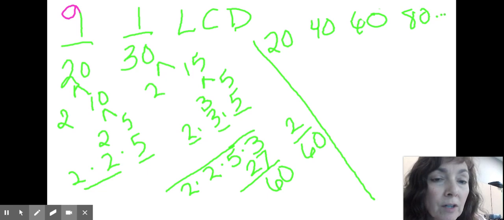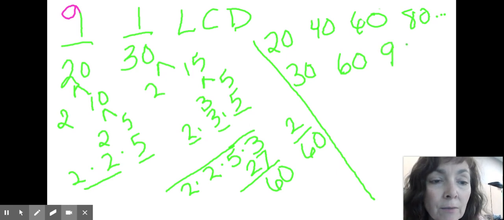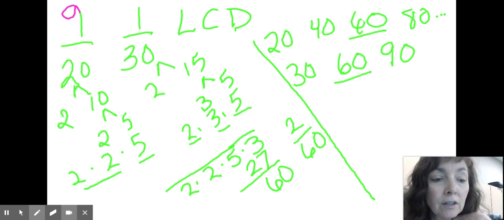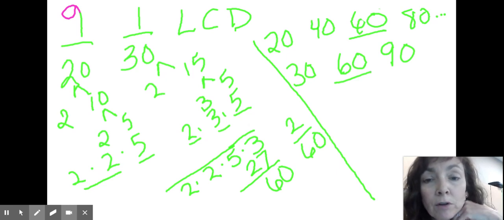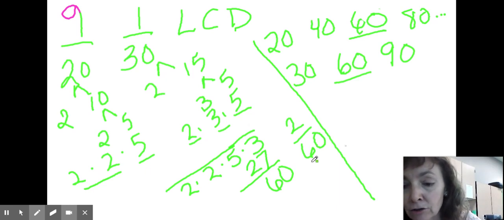And I'll have to keep going if I don't find something that matches with the 30. When I'm doing 30, I have 30, and 30 plus 30 is 60, and then 60 plus 30 is 90, and I really don't have to keep going this far because I have come up with the first common multiple, which happens to be the least common multiple for both of those, and I can use that for a least common denominator.